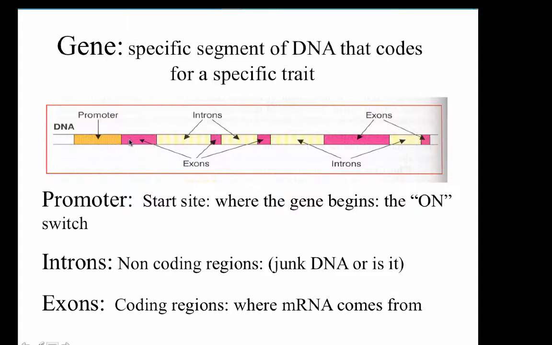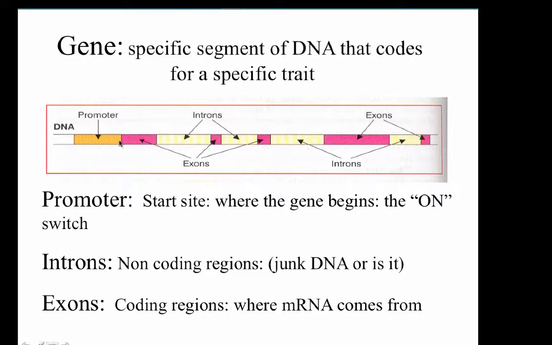Genes also contain introns, which are going to be these yellow areas, and exons, which are the pink areas. And these are going to be coding or non-coding regions. So realize that all the DNA material on a chromosome that's contained within a gene isn't necessarily all used to code for a specific trait.